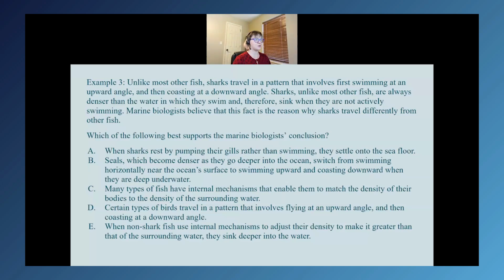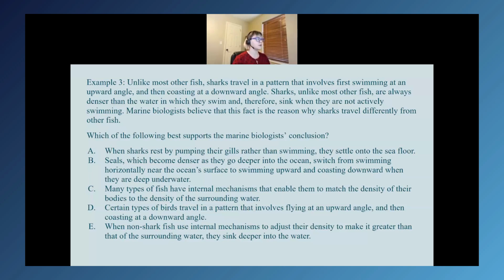B. Seals, which become denser as they go deeper into the ocean, switch from swimming horizontally near the ocean's surface to swimming upward and coasting downward when they are deep underwater. So, sharks are always more dense than the water in which they swim. Seals are sometimes more dense than the water in which they swim. Sometimes they're less dense. So when they are less dense, they swim a normal way, just kind of flat.